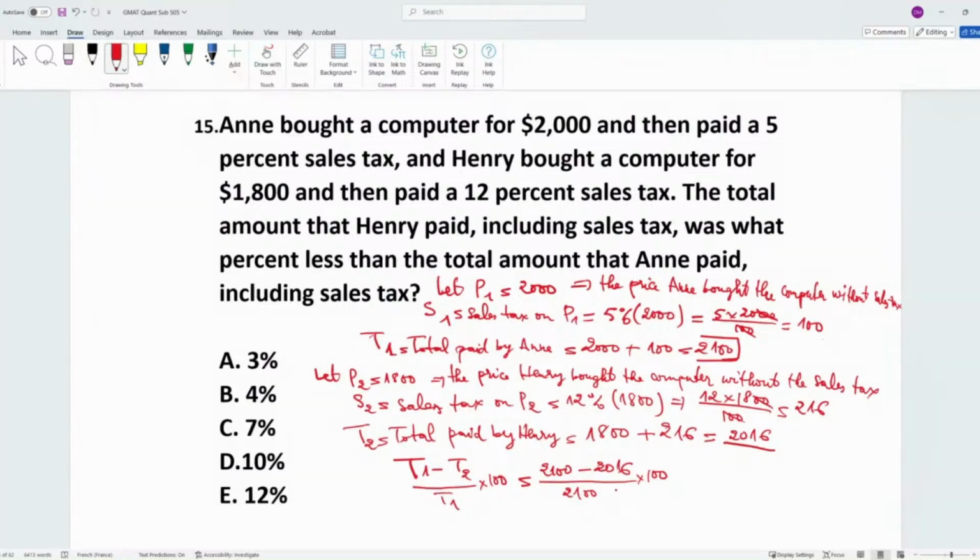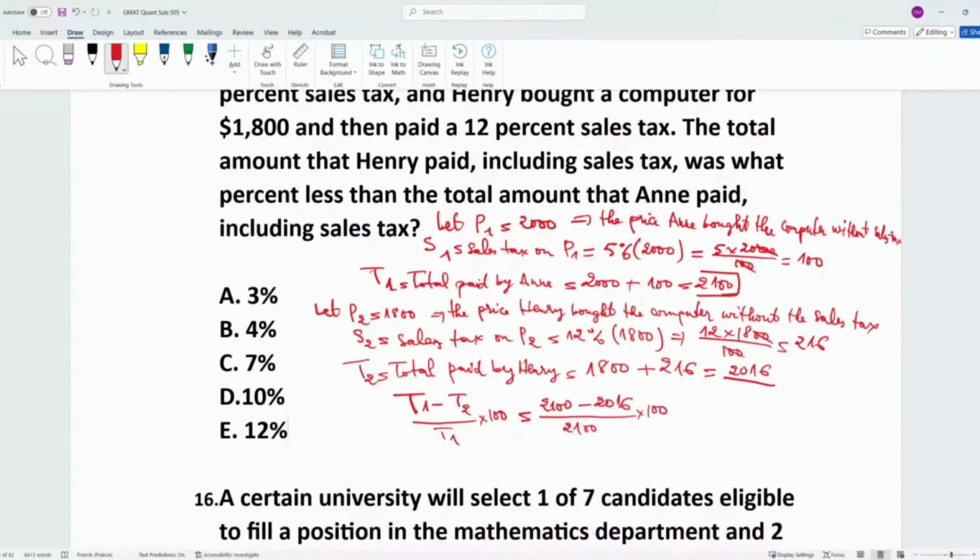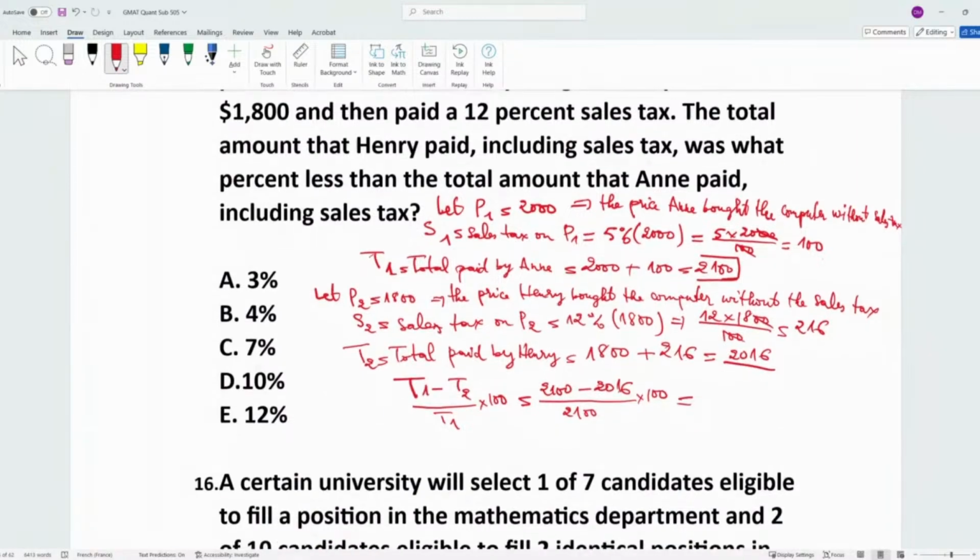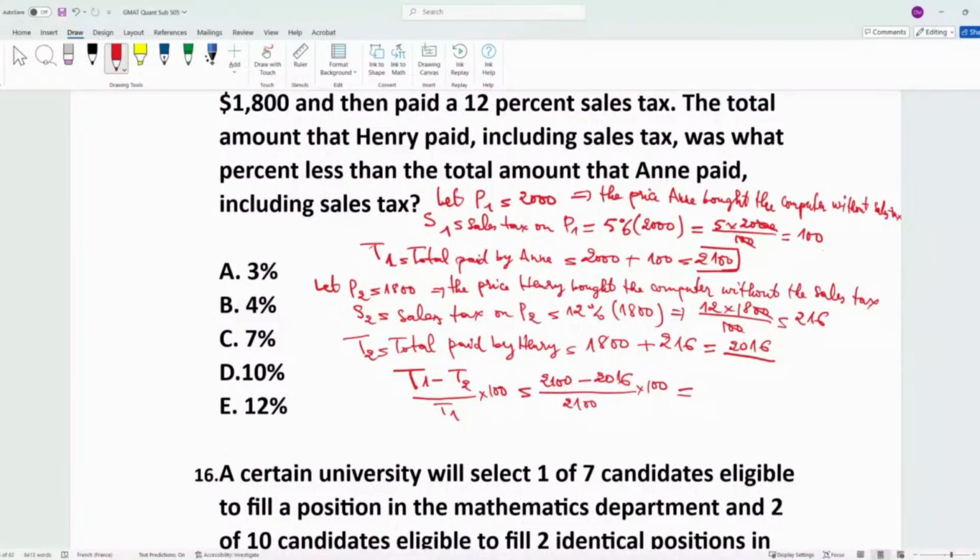Okay, and so this is going to give us, let me remove the 100 here, and you will see why. So T2 like this.